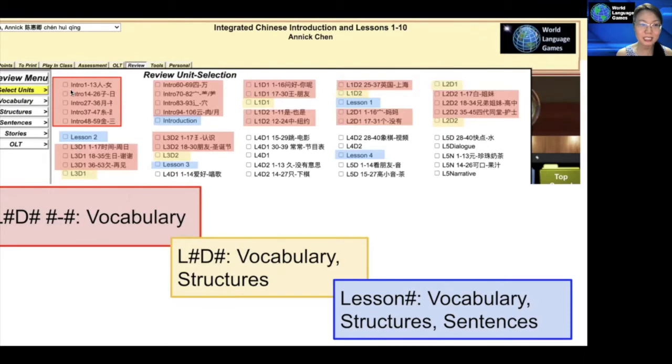So let's take lesson 1 as an example. Lesson 1 dialogue 1 has altogether 1 to 16, 17 to 30. So altogether lesson 1 dialogue 1 has 30 vocabulary words. So I chunk it into 2 parts.